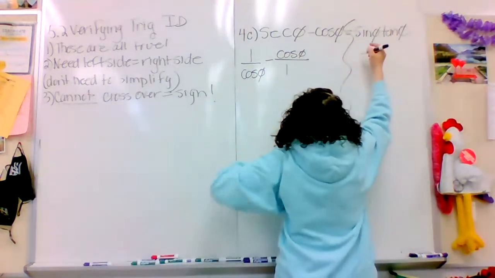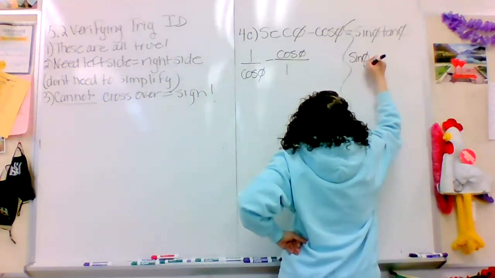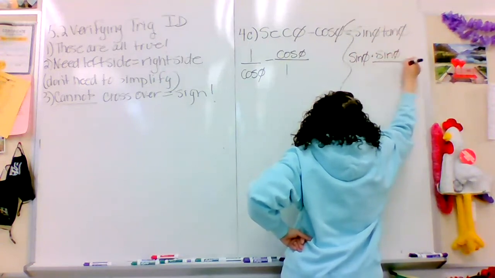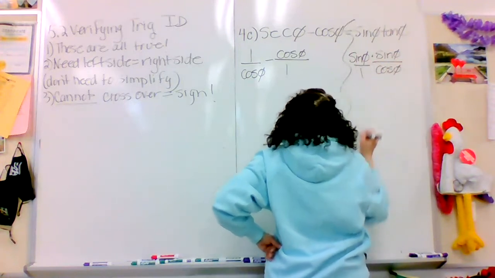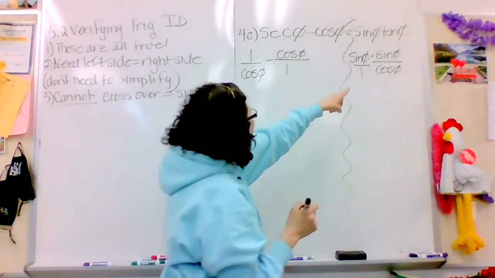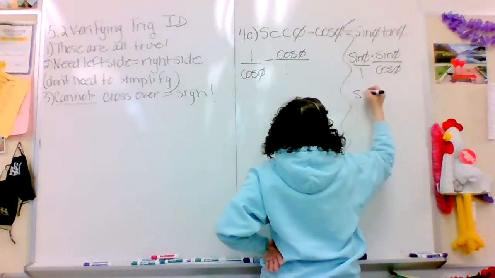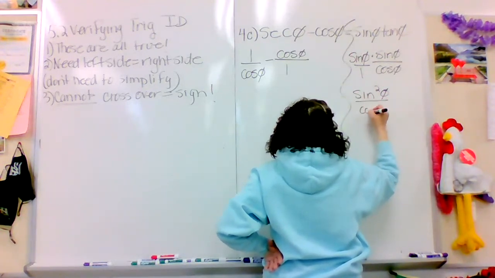Separately, on the right-hand side, I'm going to keep my sine, and I'm going to write tangent as sine over cosine. There we go. I don't see anything I can do on the left right now, but I do see on the right that I can do some algebra by multiplying these fractions together. I have sine squared of phi over cosine of phi.